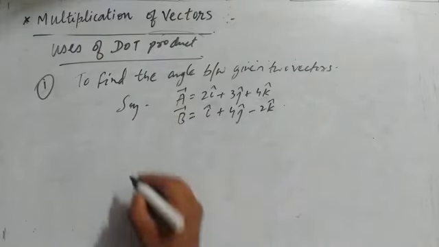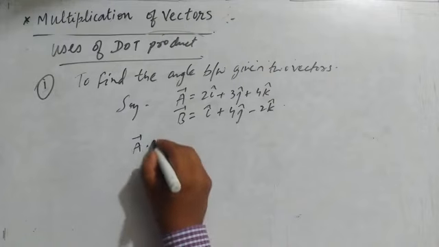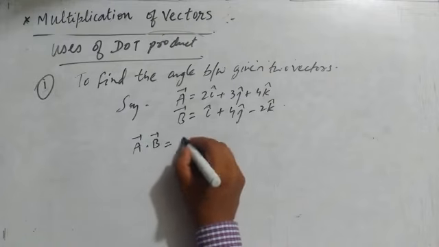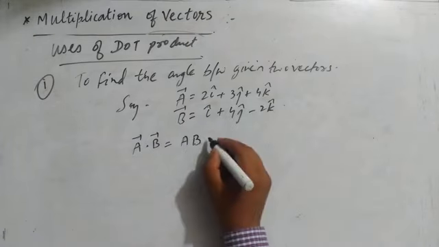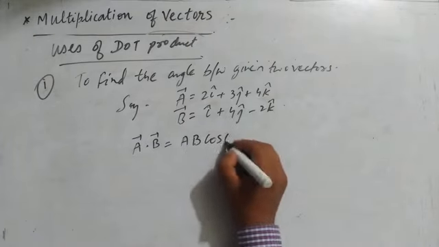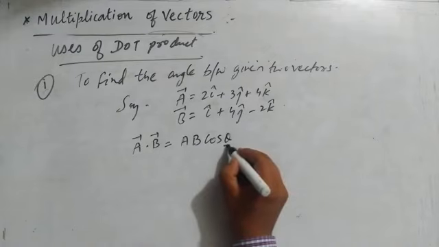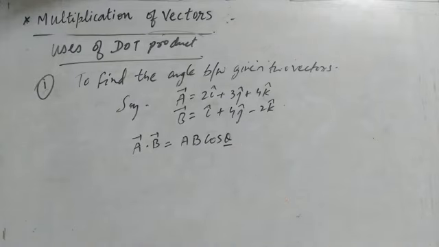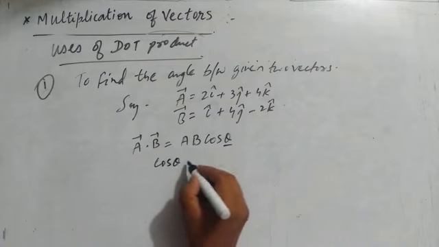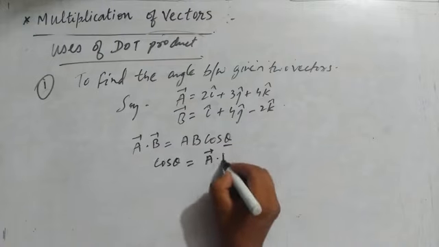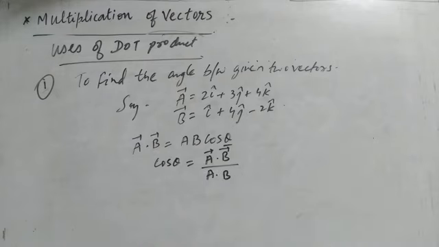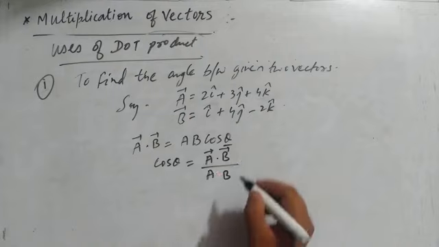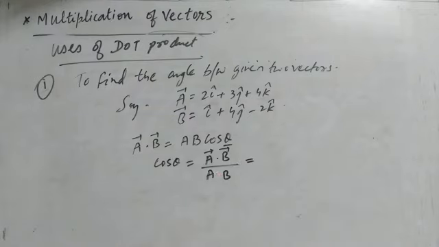Now we know A vector dot B vector is equal to magnitude of A into magnitude of B into cos of the angle between them, and we have to find out the value of this angle theta. So cos theta becomes A vector dot B vector upon A into B, or the magnitude of A into magnitude of B. So we can put the values of these two.